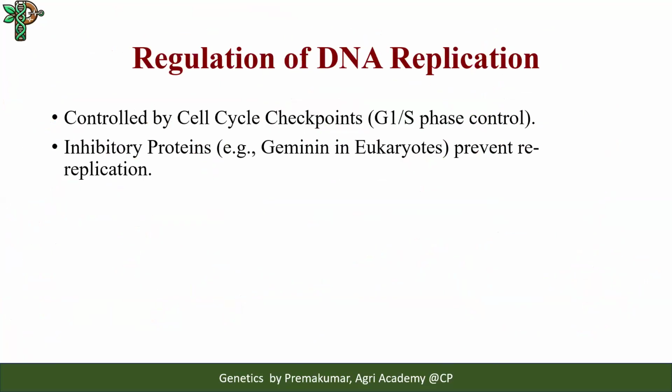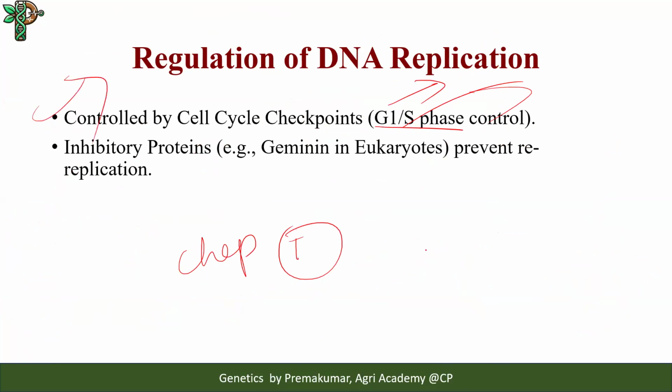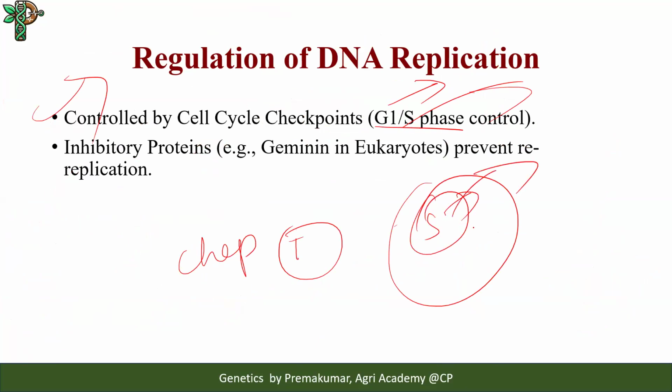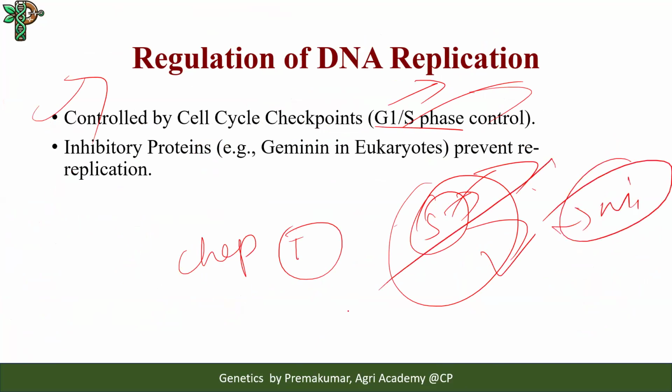Then, how is this DNA replication regulated? There are several checkpoints. This is also many times asked in the exam. There is one checkpoint called the G1 S phase control. If DNA is not replicated nicely in S phase, it will not go for the further cycle. Mitosis will not happen. It checks the process here only.